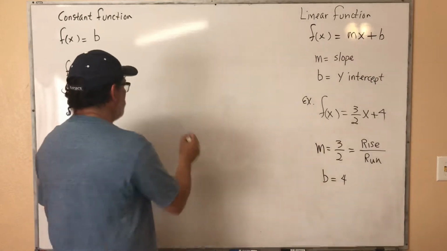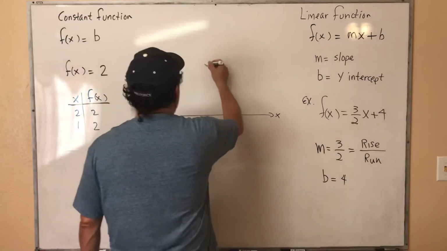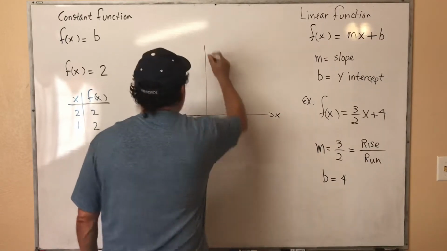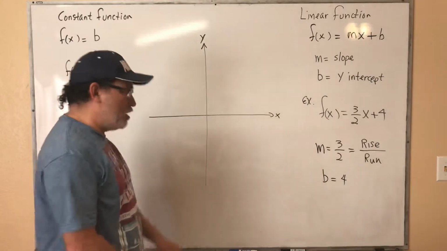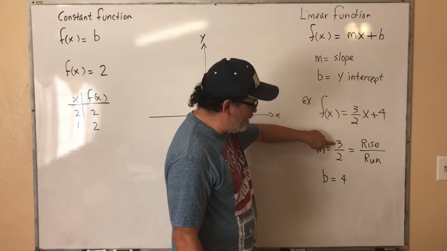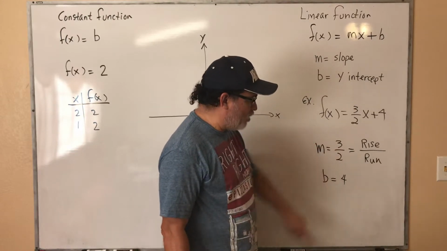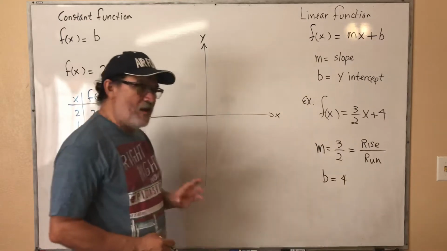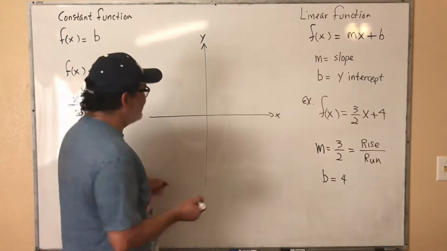Okay. So here is the x-axis, and here is the y-axis. And note, the rise is 3, the run is 2, the y-intercept is 4. So go to 4 on the y-axis.